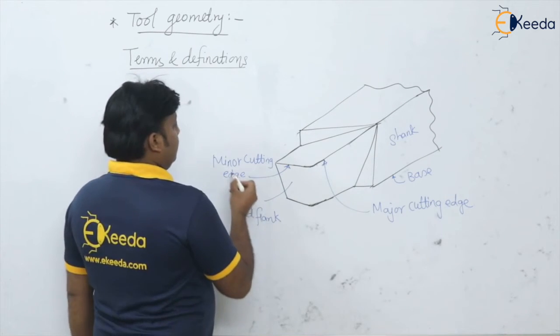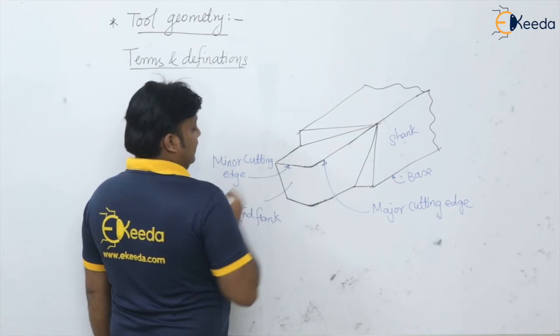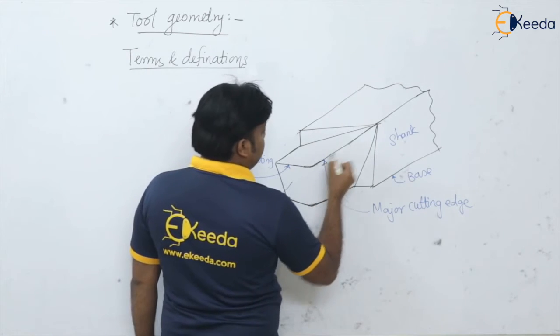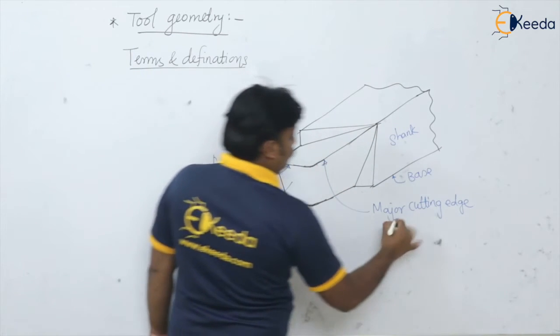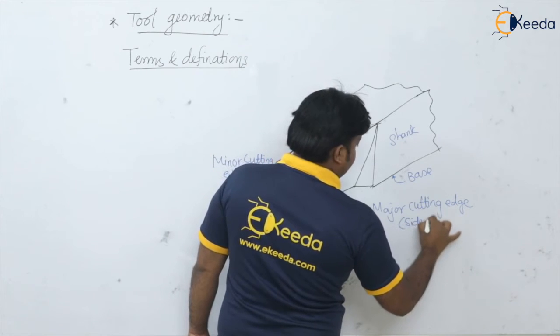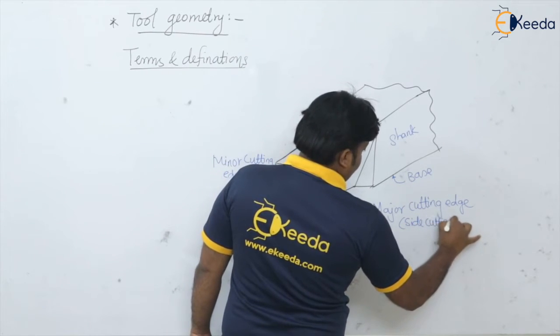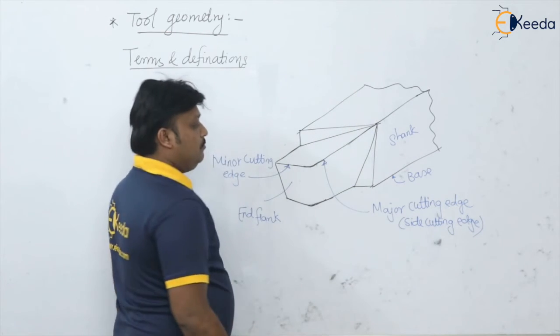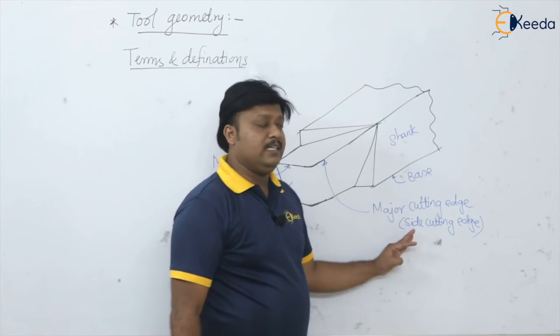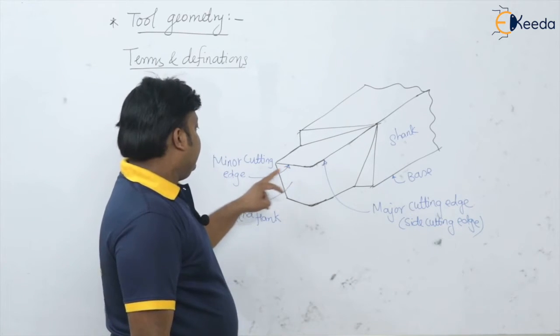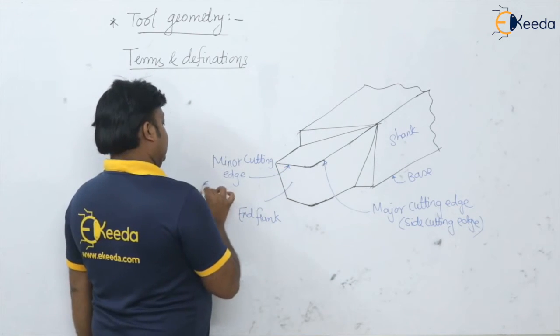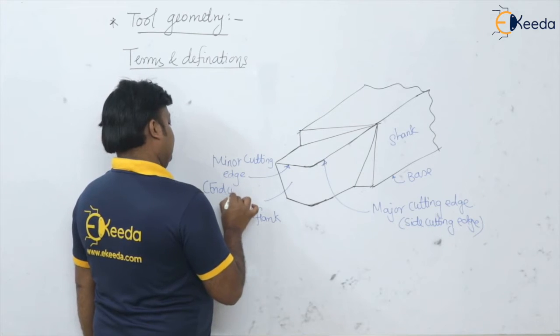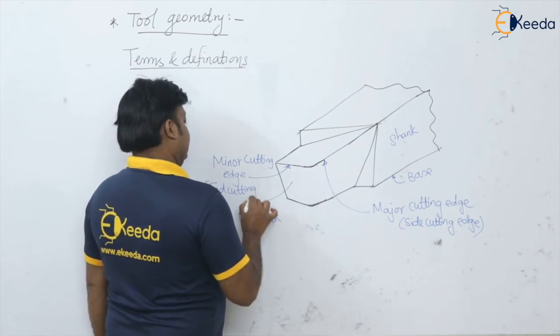This minor cutting edge is also the end cutting edge. This is the side cutting edge. Many names are there, please remember it is a major cutting edge or side cutting edge. This is end cutting edge or minor cutting edge.